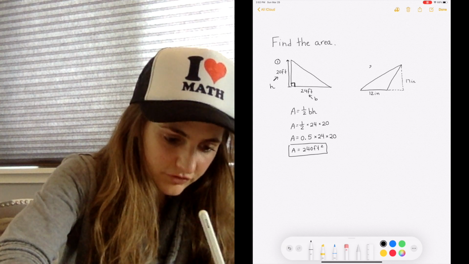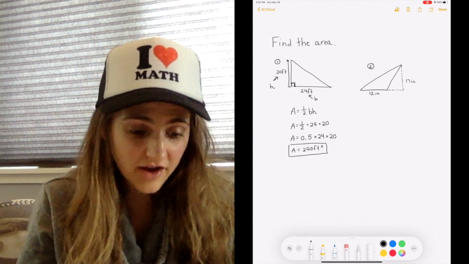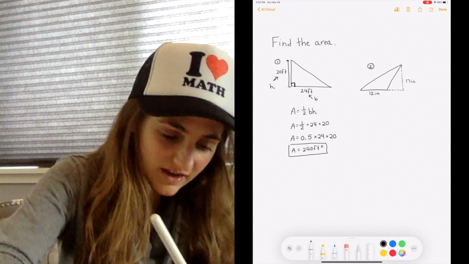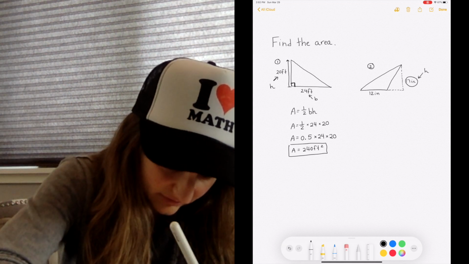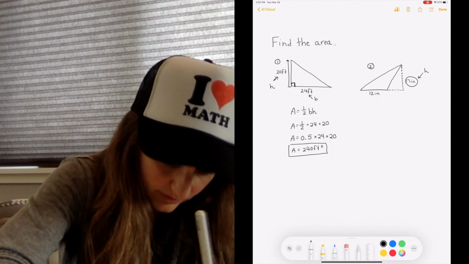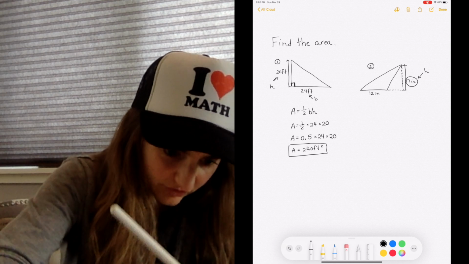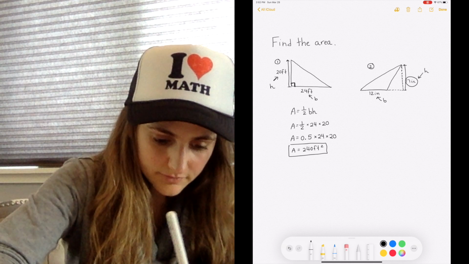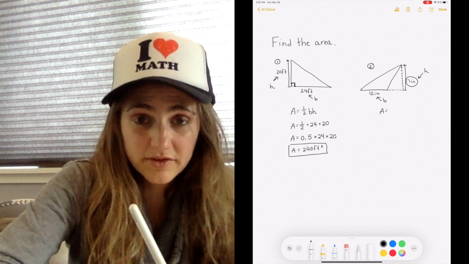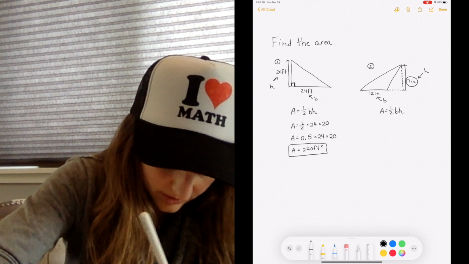Let's take a look at number 2. Please notice that this triangle looks very different than the triangle in number 1. In this case, 17 inches is our height, and it's signified by this dotted line right here, okay? But again, the height is the distance from the bottom of the triangle to the top of the triangle. My base is 12 inches. Since it's a triangle, I'm going to use my same formula, A equals 1/2 base times height, and I can plug in my numbers.